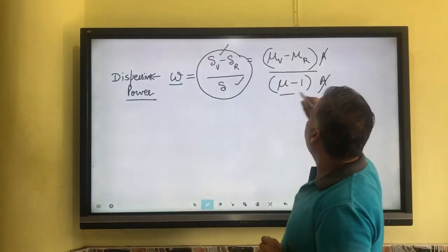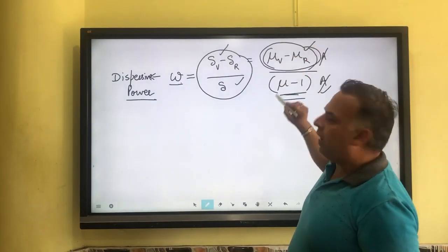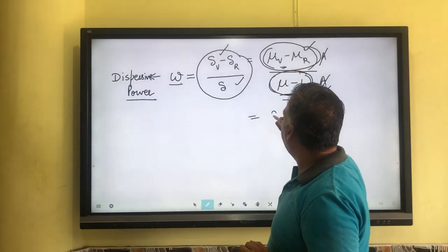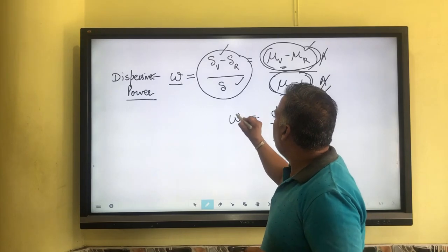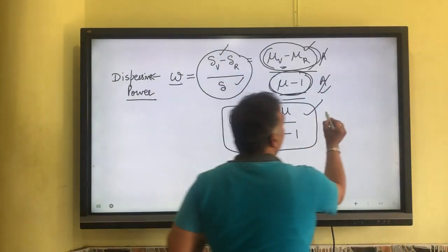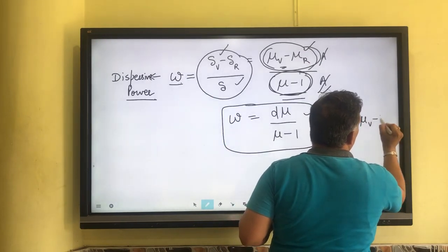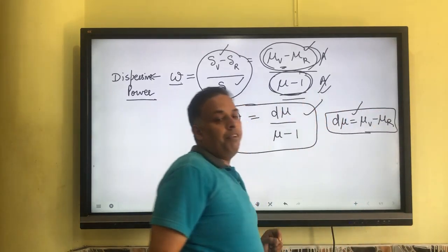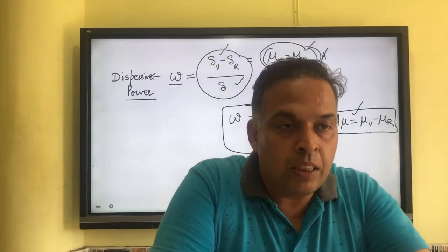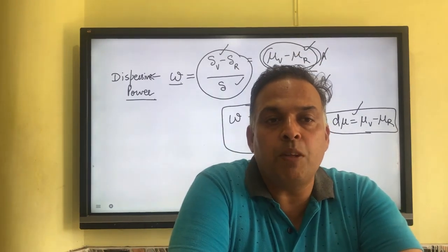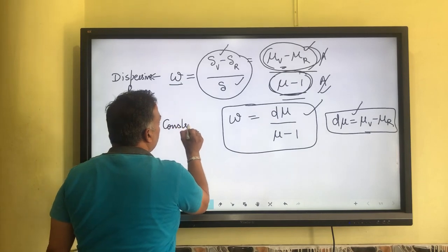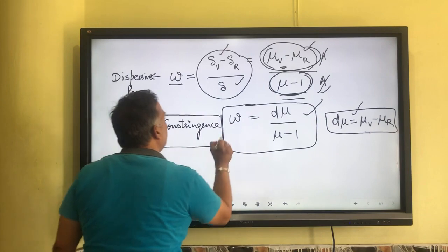The mean deviation produced by the prism is (mu minus 1) into A. So we can write it as d mu upon (mu minus 1), equal to omega, where d mu is mu V minus mu R. If we take the inverse of the dispersive power, which depends upon the nature of the material of the prism, it becomes the constringence.